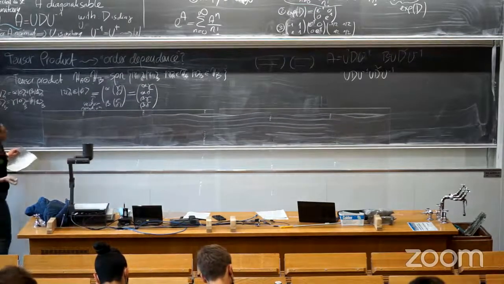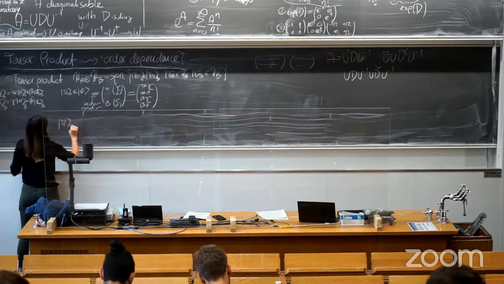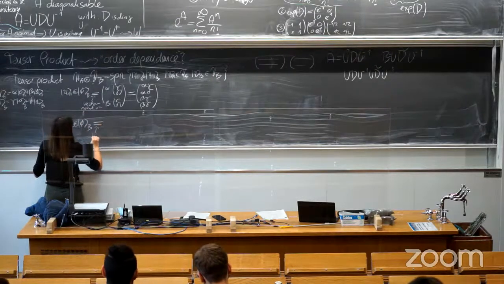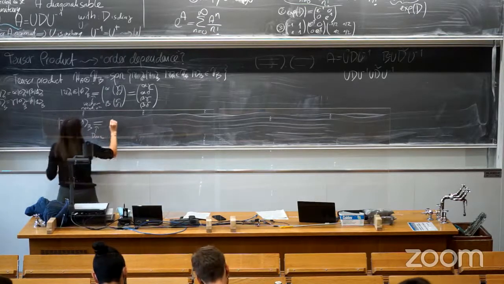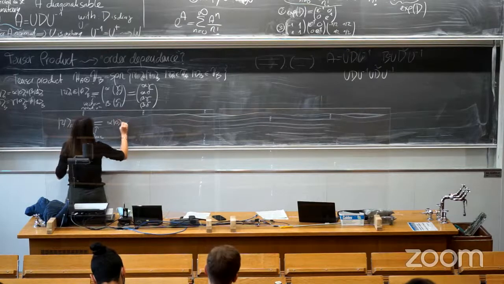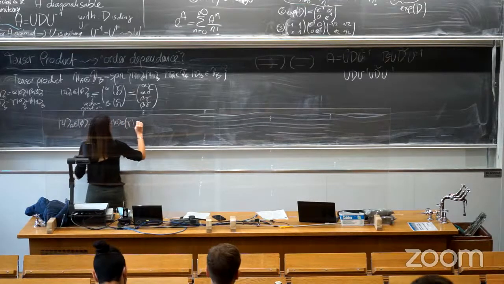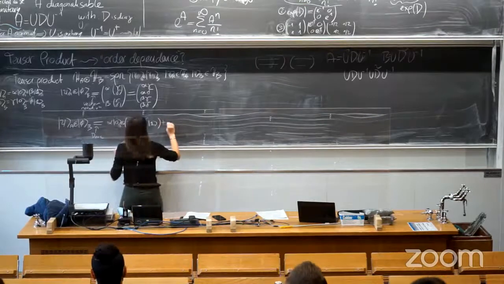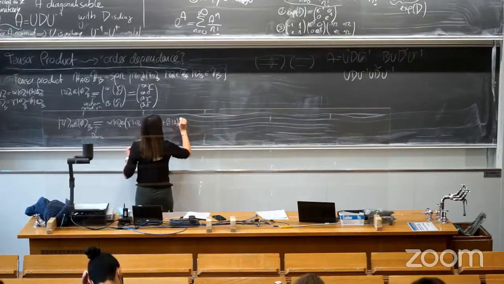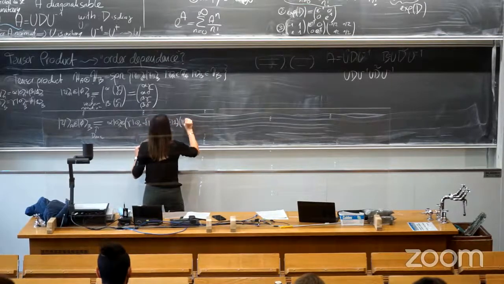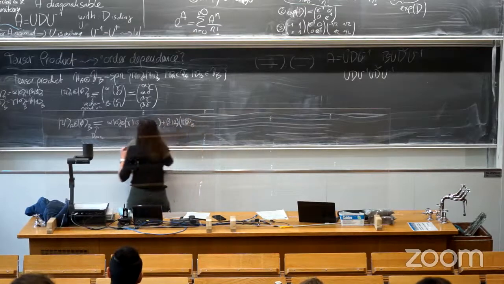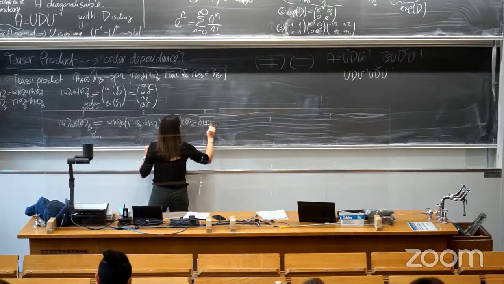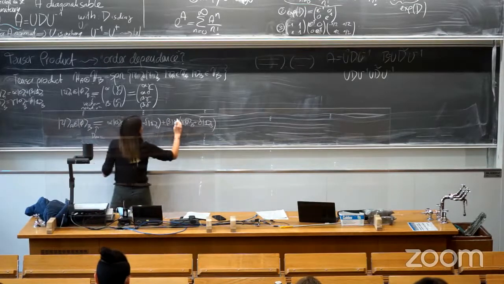How do we write it in Dirac notation? This will be exactly alpha 0 in A tensor product gamma 0 plus rho 1 in B, plus beta 1 in A times gamma 0 plus rho 1 in B. And here I have a tensor product.